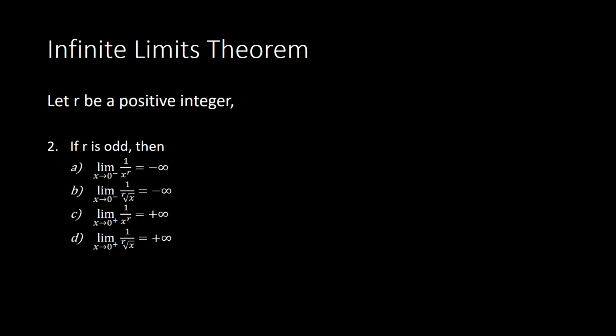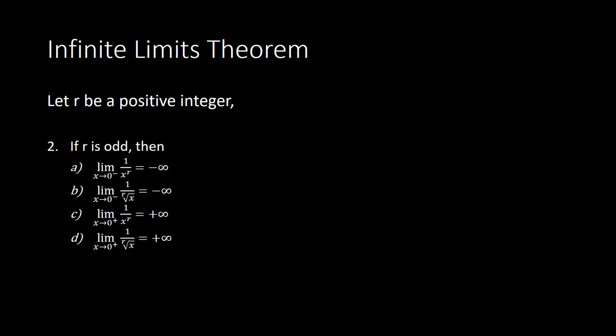Now, going back to the theorem, once r is odd, once you have the limit of 1 over x to the power of r as x approaches 0 coming from the left side, you'll get a negative infinity. And for the limit of 1 over the r-th root of x as x approaches 0 from the left side, that is a negative infinity as well.